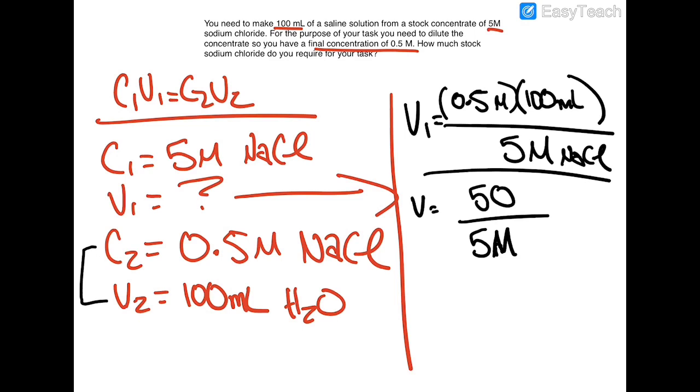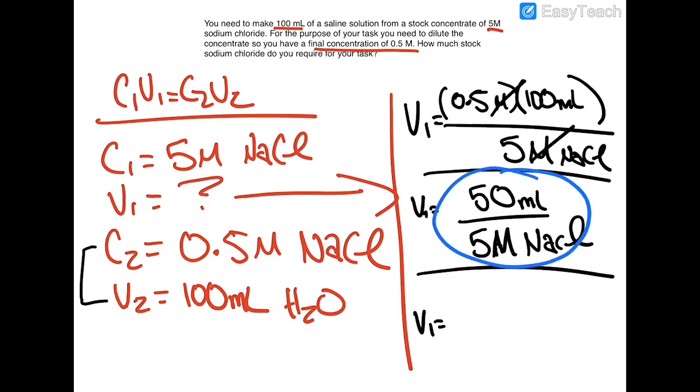Molar. And by the way, this is milliliters because we canceled out the molar here. So then our third step is 50 milliliters divided by 5 molar.